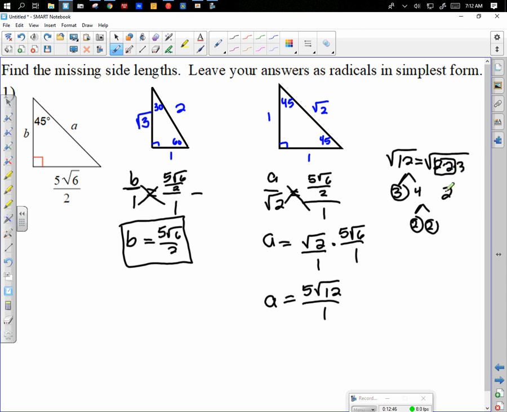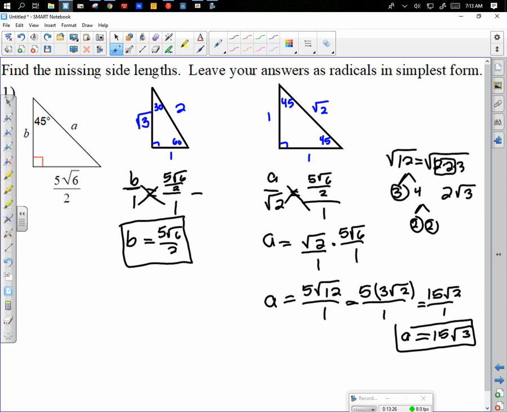We don't know the square root of 3, so that would remain 2 radical 3. So the answer here will be 5, and all of these became 2 radical 3, divided by 1. Now 5 times 2 will give you 10 radical 3 divided by 1. But anything divided by 1 will be the same. And that's the answer already.